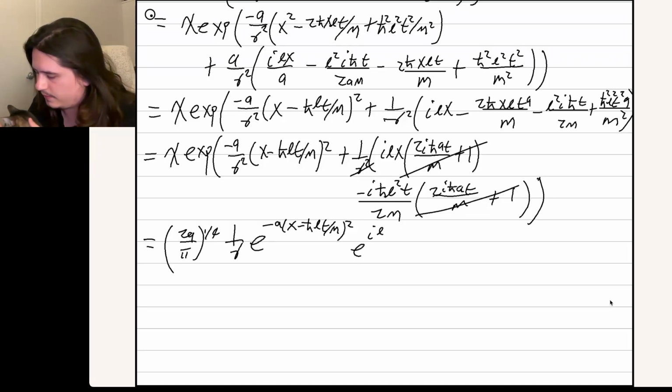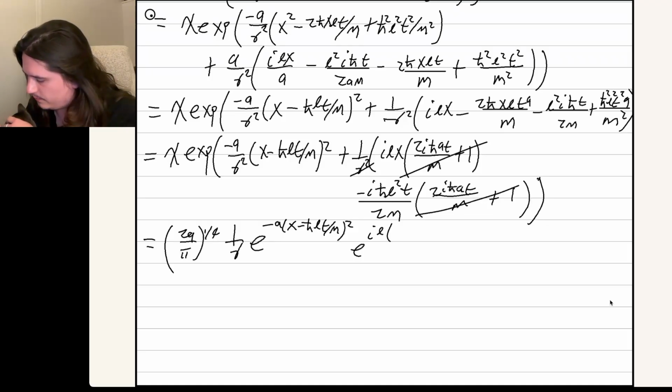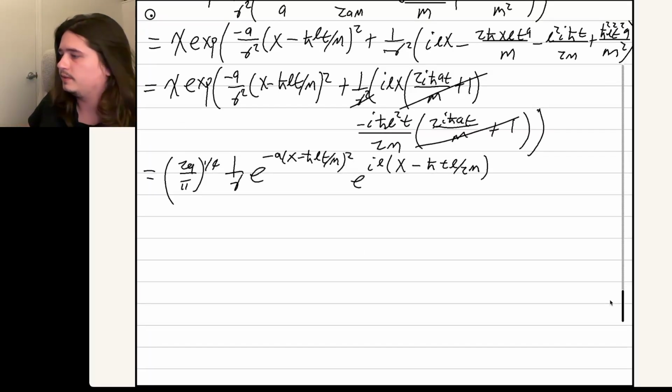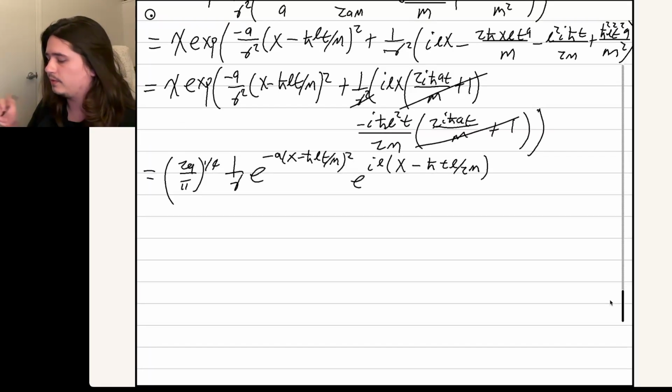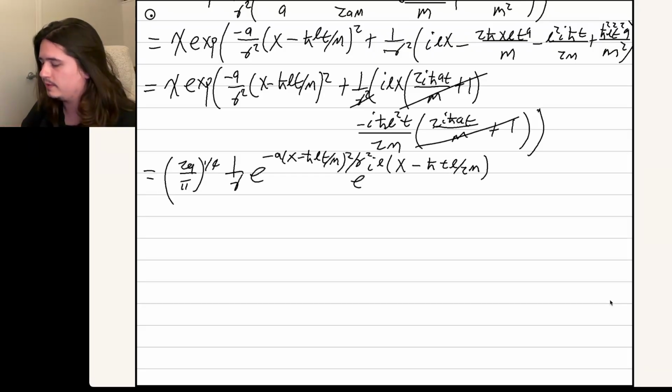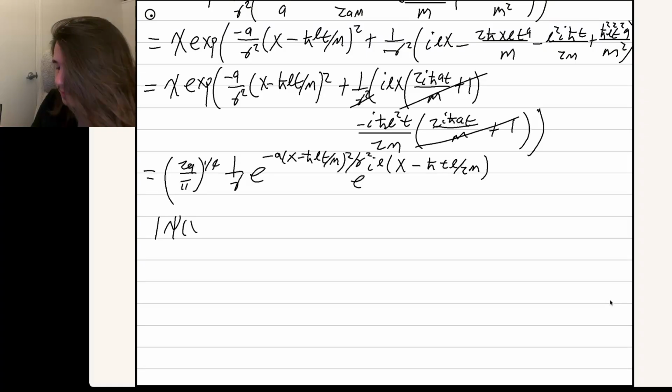You factor out an iL, but then you have x minus h bar t L over 2m. Cool. So that's pretty funky. And that's the form that Griffiths got as well, so we're matching up to what he did. So now we have to do the mod squared of this now.